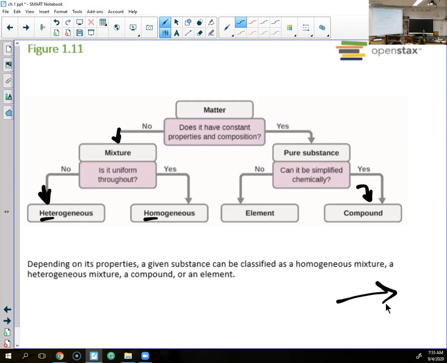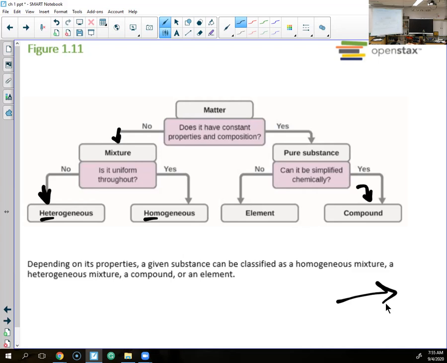Okay. Is there parts of it that are different than other parts? It's just a green liquid, right? So I would say it does have constant composition. There's not like chunks of something here and over there.